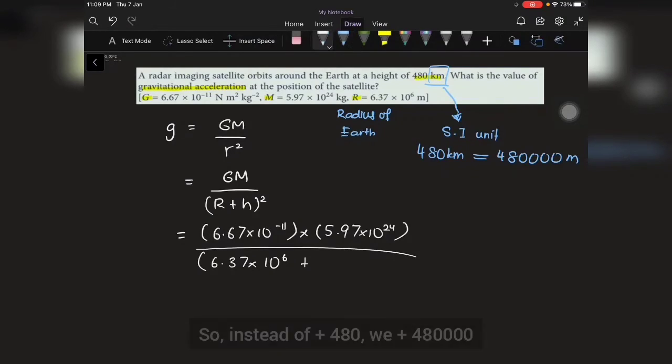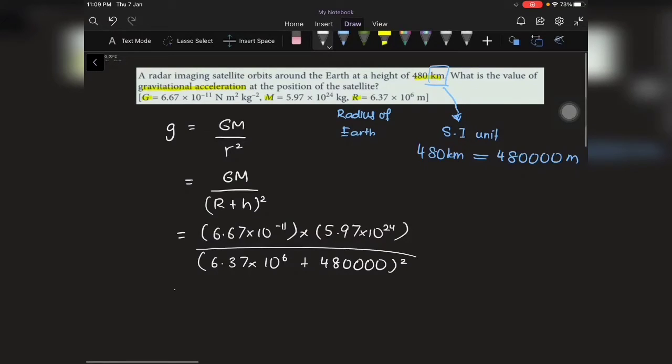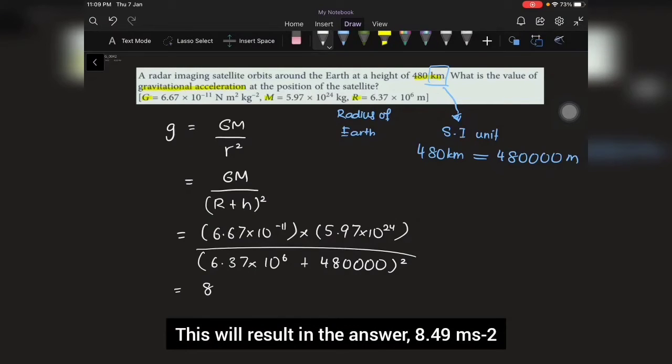So instead of plus 480, we add 480,000, all squared. This will result in the answer 8.49 meters per second squared.